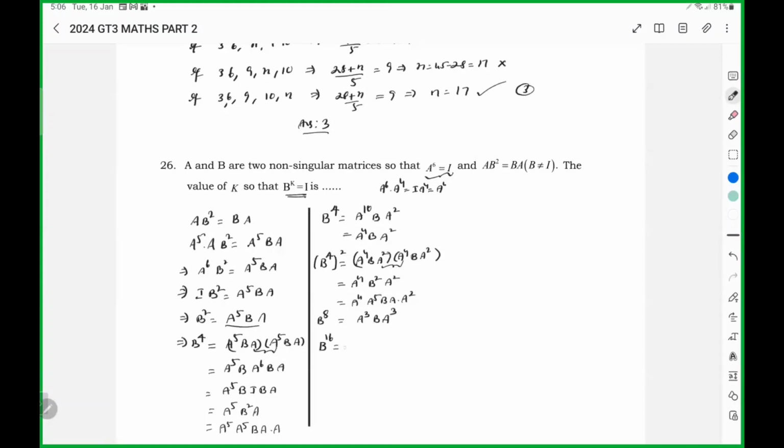B power 16, if you find, A cube B A cube, again A cube B A cube, A power 6 is identity, that is B square, it is B square is A power 5 BA, say A power 8 which is A square.